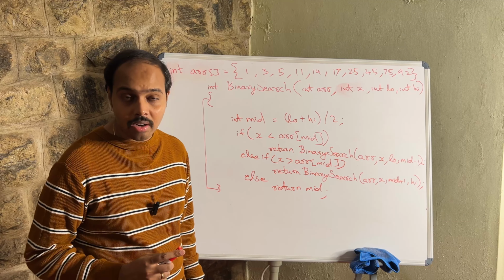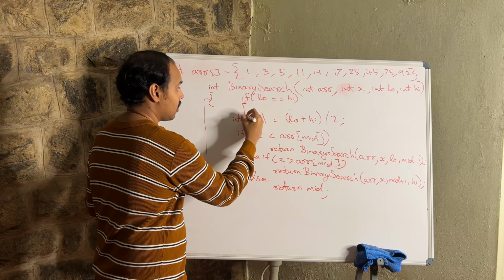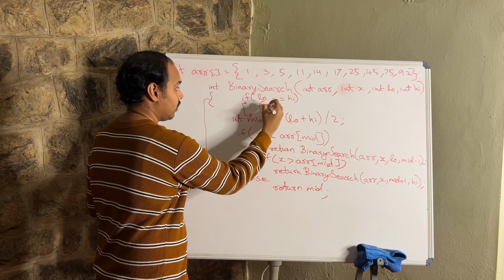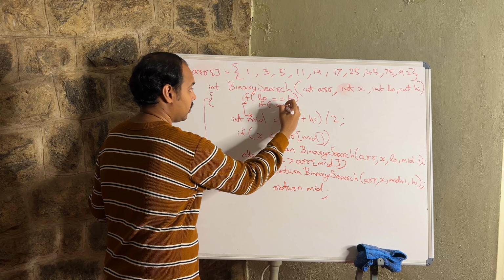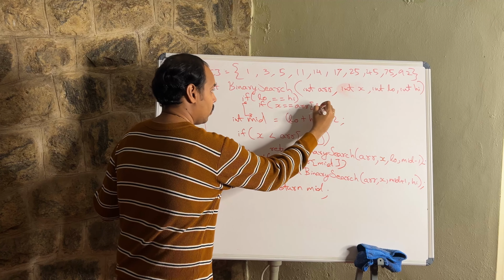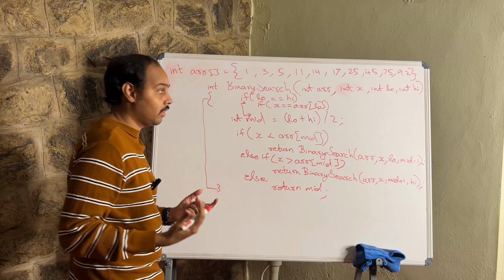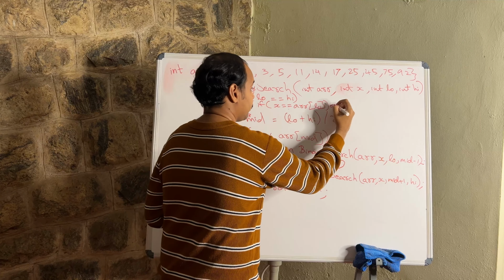If low equal to high, in that case, if x is equal to ARR of low, then we return low. Since we don't have space, I am writing it here.